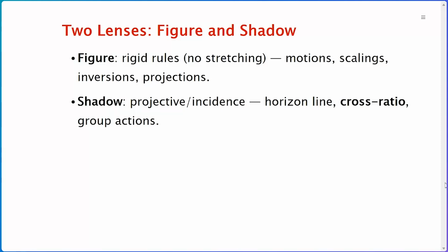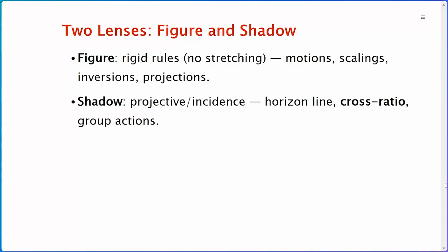Figure geometry studies what does not change when you stretch, move, scale, invert, or project, tracing invariants, and shadow geometry is actually projective geometry. Shadow geometry thinks projectively. Incidence and cross ratio organize the picture. A five-spot story needs both lenses.